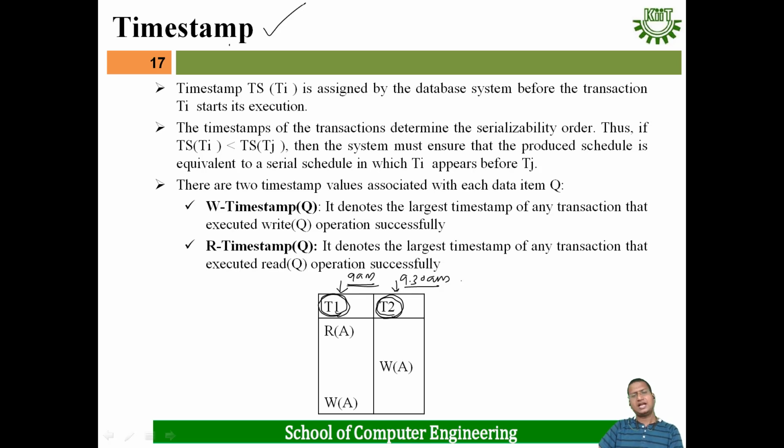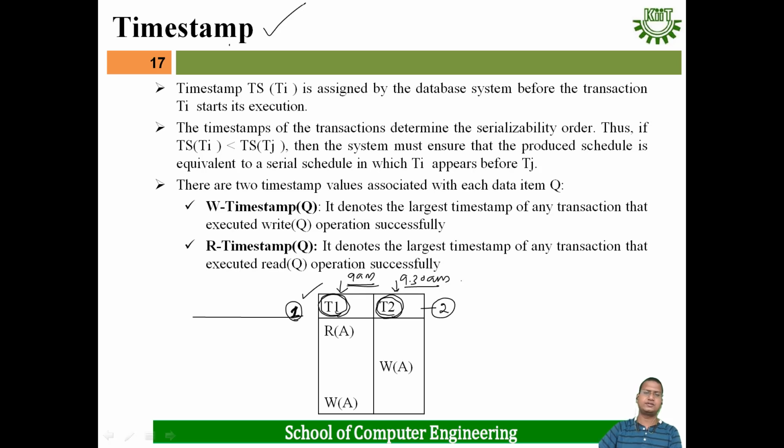If we assign a timestamp to T1, then it may be 1. Suppose I assign a number which denotes that transaction T1 starts first and transaction T2 starts later. Then I can assign any number. Suppose I have assigned 1 to transaction T1, then after some time T2 has started. That's why I will assign another number, 2.